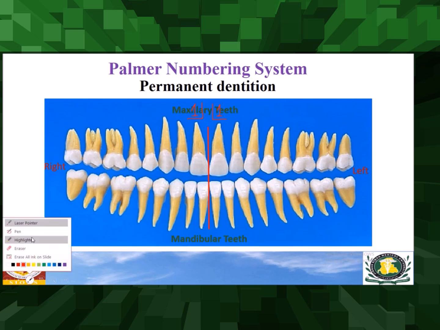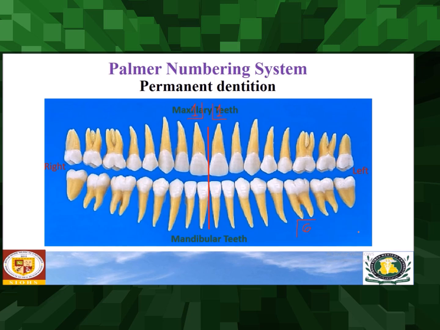So we will write 6 over here. Now 6 is used for all the first molars. In order to distinguish it from the rest of the first molars on the maxillary and the mandibular arch of the other side, we draw this symbol that indicates that it is of the mandibular arch, and in the mandibular arch this tooth is on the left side.